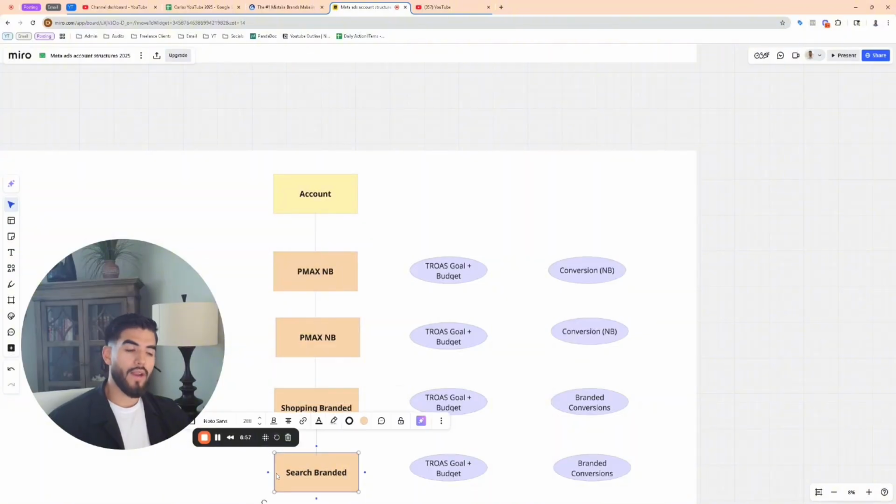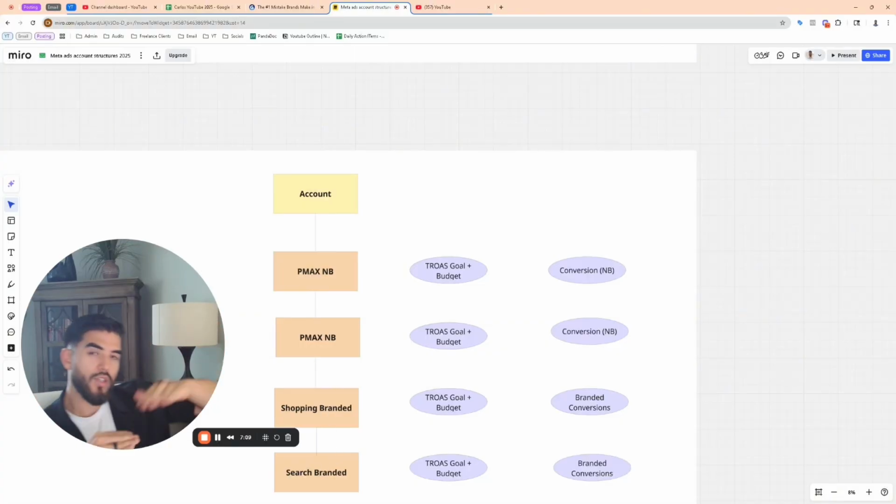And so you're going to do the same thing. Once you start getting data in your shopping campaign, you're going to start seeing different search terms that are triggering your shopping ads to show. Anything that doesn't have your brand name gets excluded. Over time, that shopping campaign will be trained to only impression your brand term.